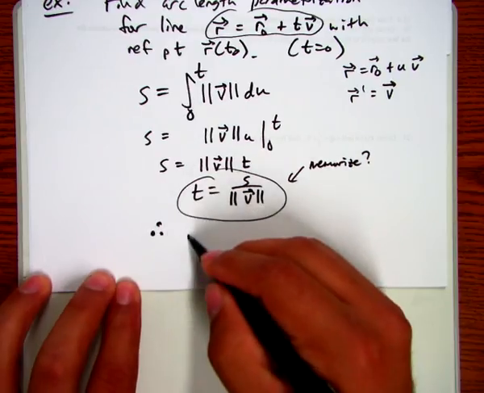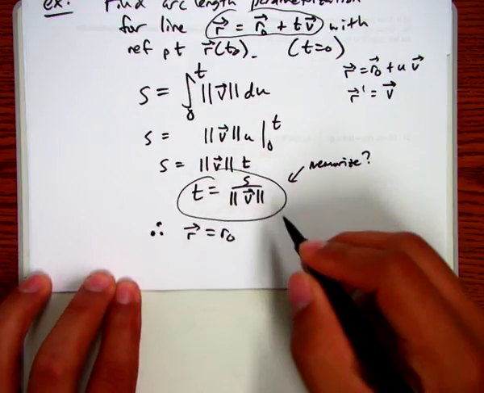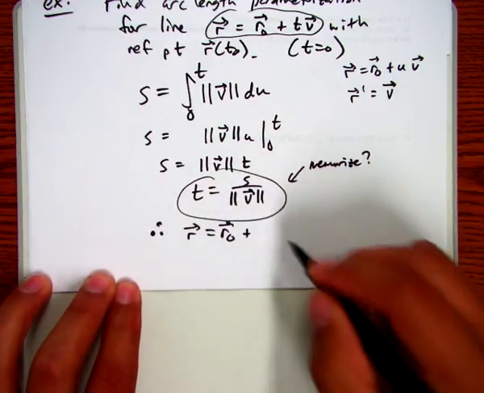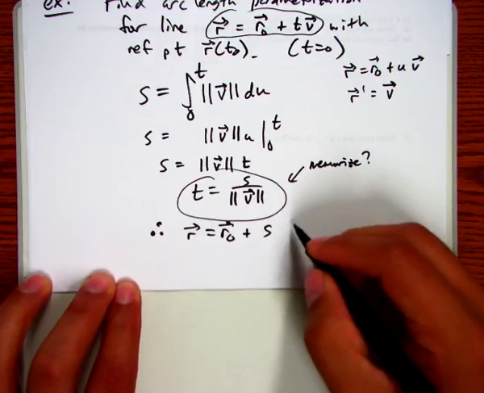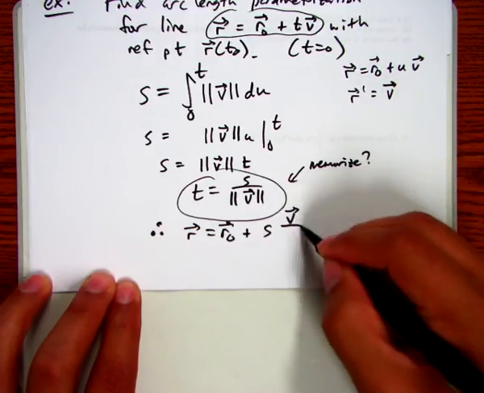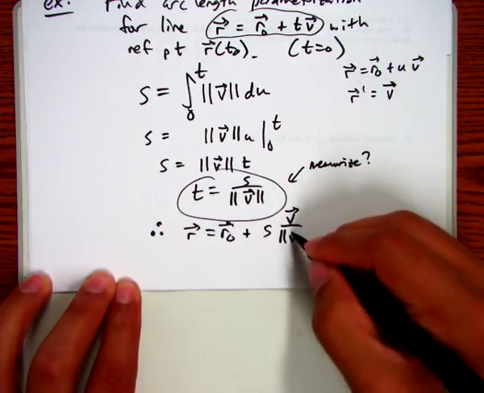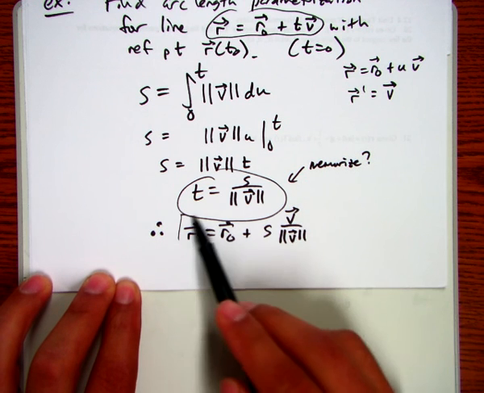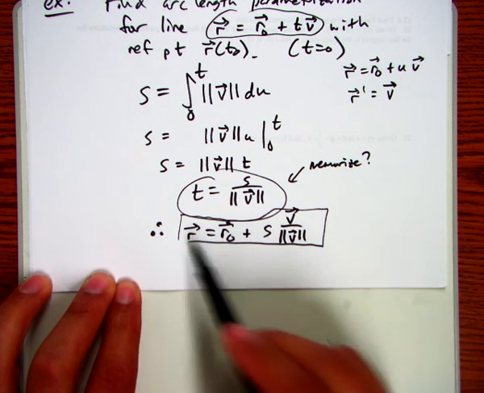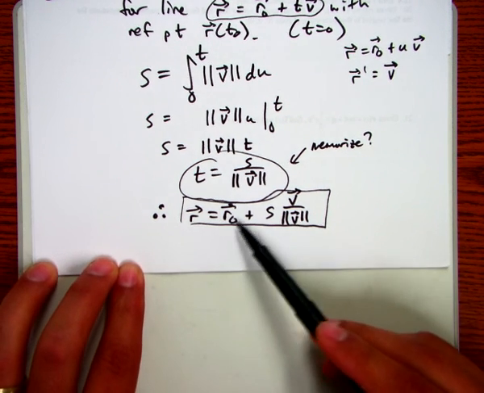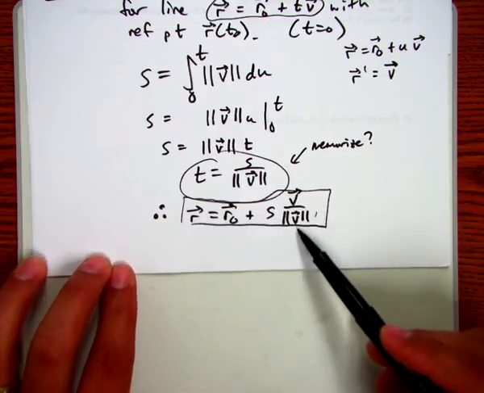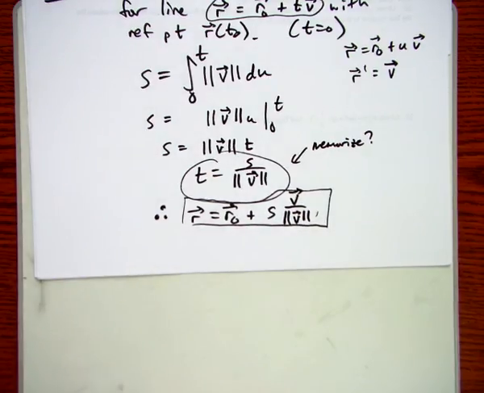So our parameterization would then be r equals r naught plus s times v over magnitude v, if you kind of group things together. In other words, it's r naught plus s times a unit vector in the direction of the line. Okay?